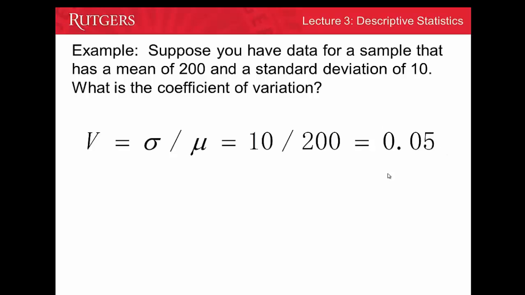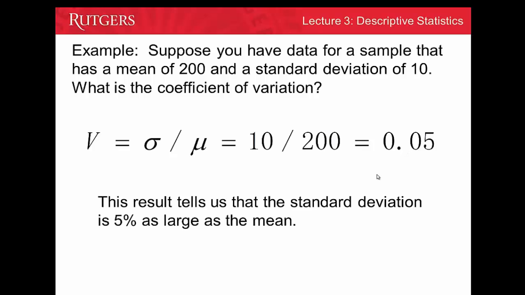You can get the coefficient of variation equals to 0.05. So we can use the coefficient of variation to get this understanding that the standard deviation is 5% as large as the mean. So we can see that usually the larger the coefficient of variation, the more spread out the data is.